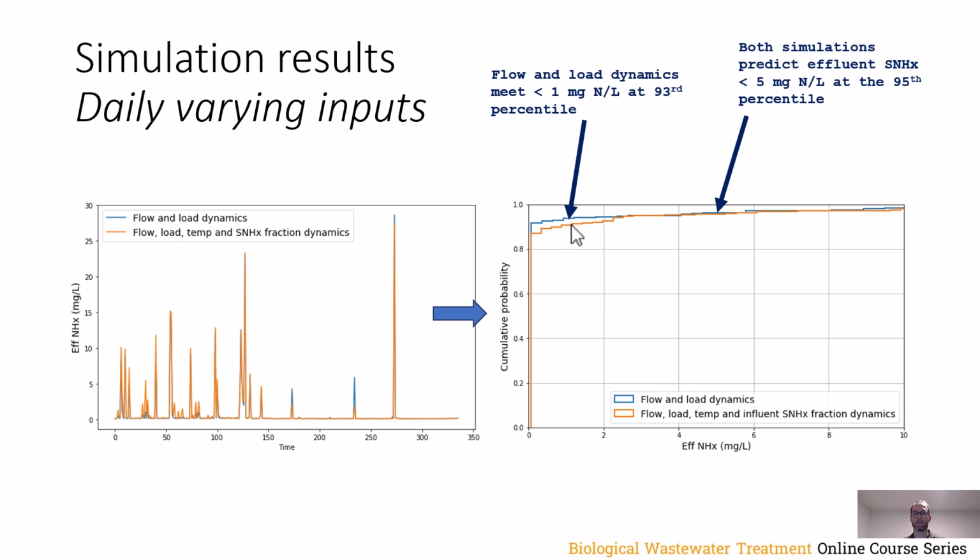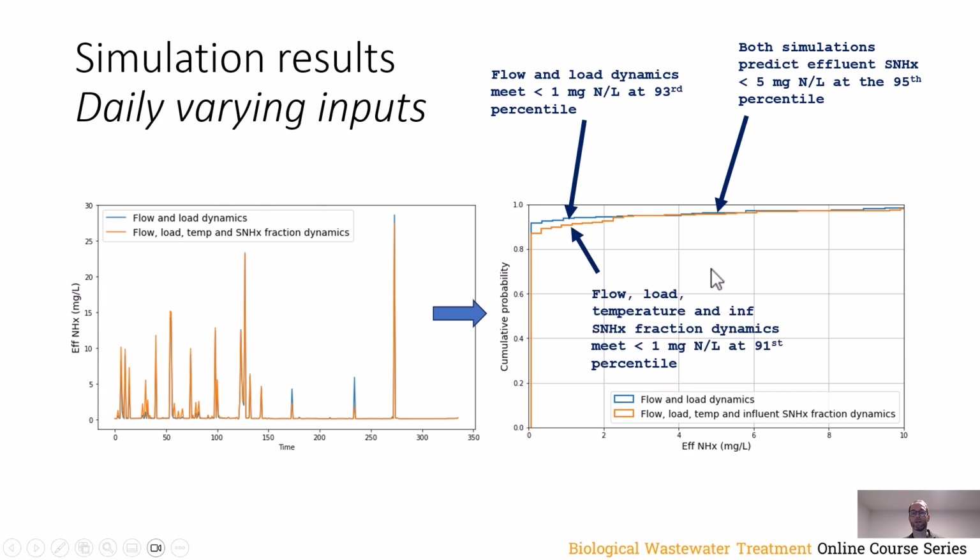On the other hand, if we look at the orange curve, where we varied not only the flow and the load, but also the influent temperature and the influent ammonia fraction, that is to say the fraction of the influent TKN load that is comprised of ammonia, then we only meet the effluent ammonia criteria of 1 milligram per liter at the 91st percentile. So a difference of 2%. So slightly higher exceedances in this orange simulation result.